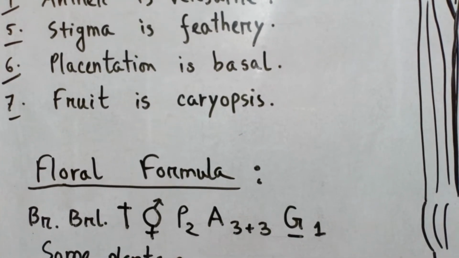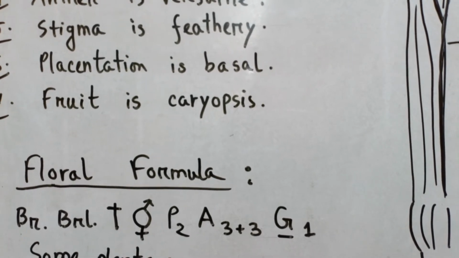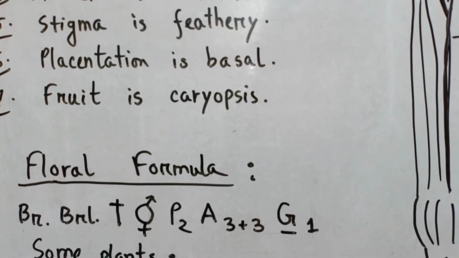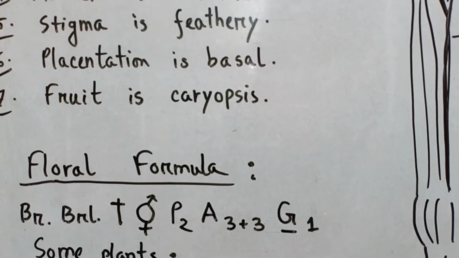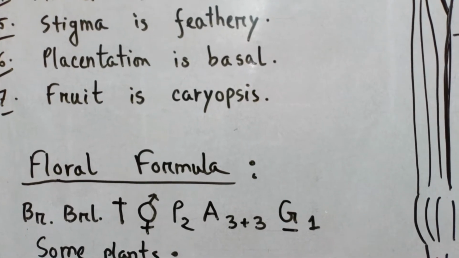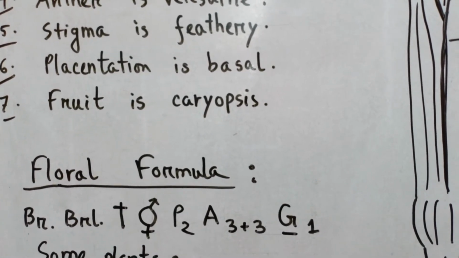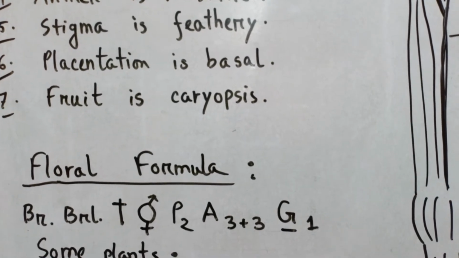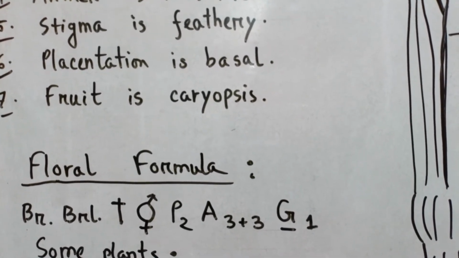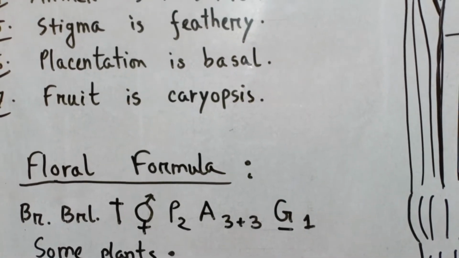You remember, to express floral formula, the first information you have to give is about bract, and bract is expressed as BR. So in this flower, bract is present. This is the floral formula of Oryza sativa. Bract is present. Next, BRL. BRL indicates bracteole. So in the flower, bracteole is also present.